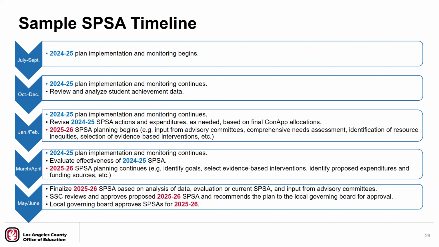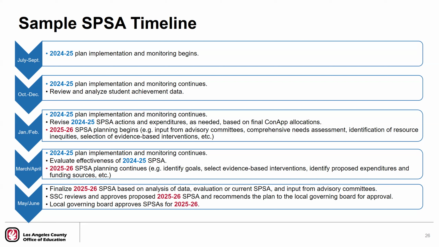In this sample timeline, you can see that the implementation and monitoring of the current plan begins at the start of the school year and continues throughout the year. And then planning and development of the 2025-26 plan would begin in the winter and spring, with the plan being approved by the school site council and local governing board by June.